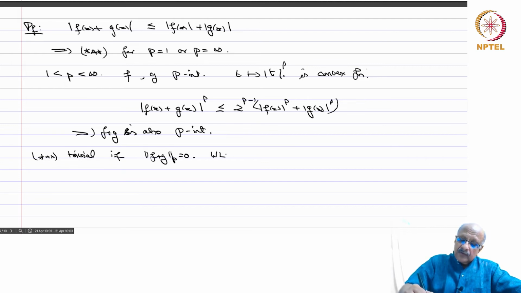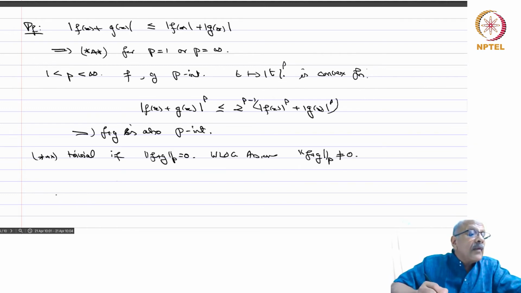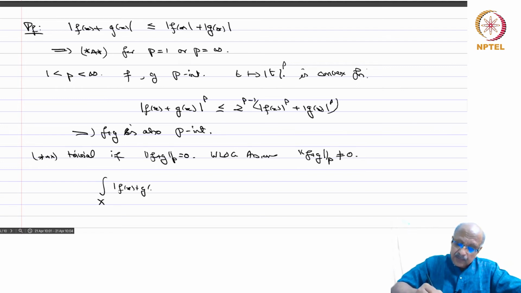So without loss of generality, assume ‖f+g‖_p is not equal to 0. So we are now going to write the integral of |f(x)+g(x)|^p dμ(x).